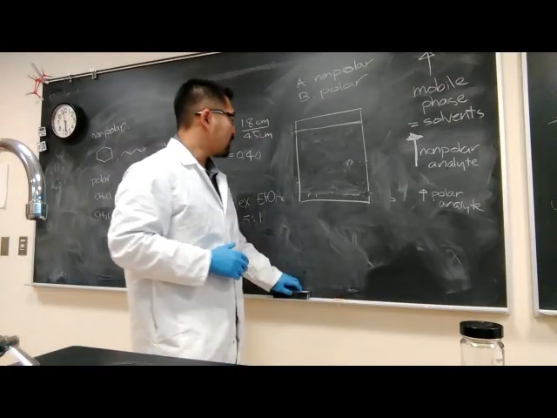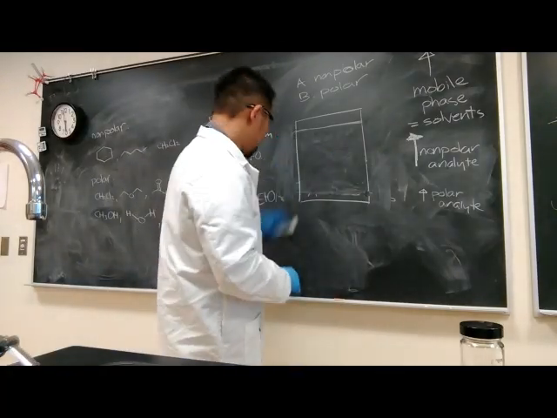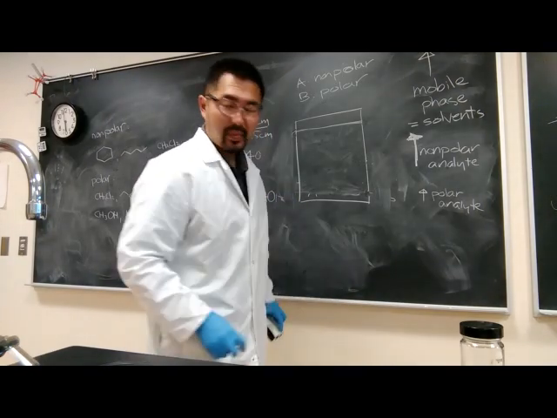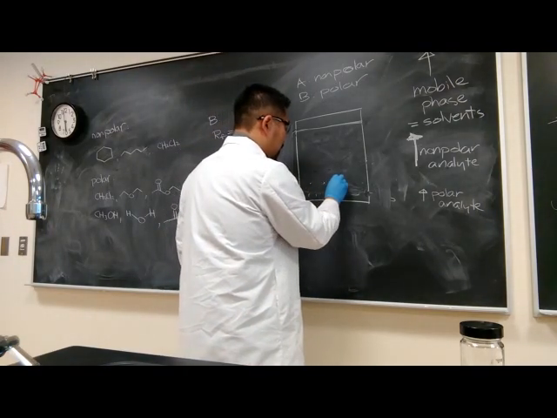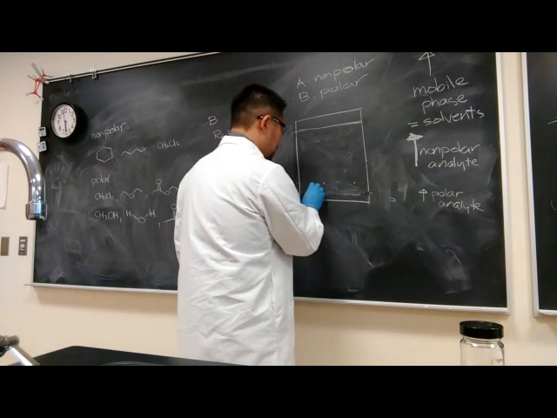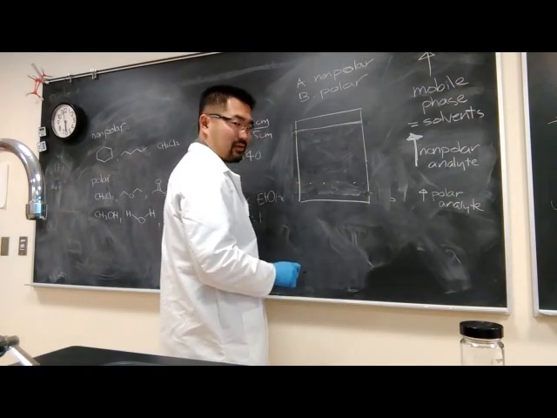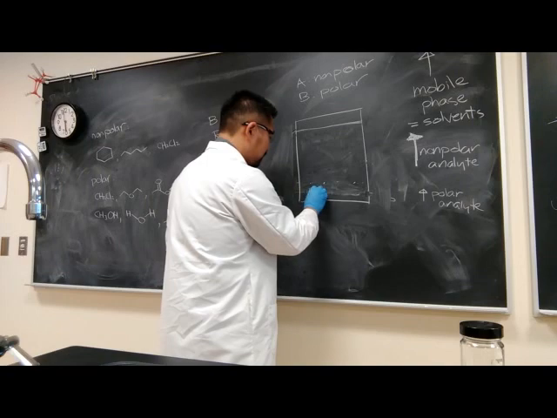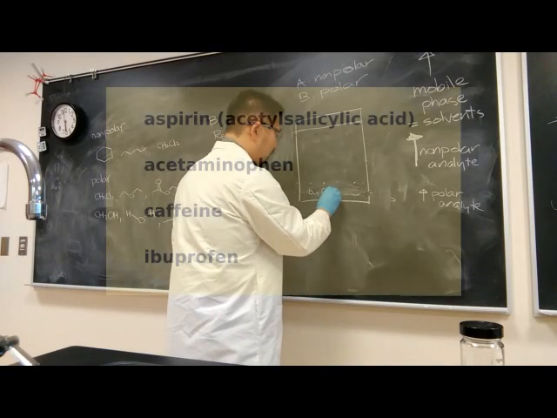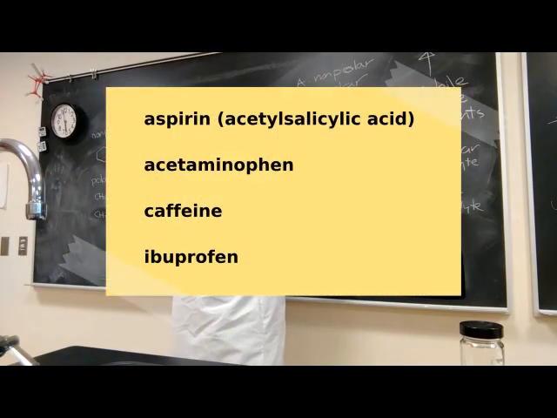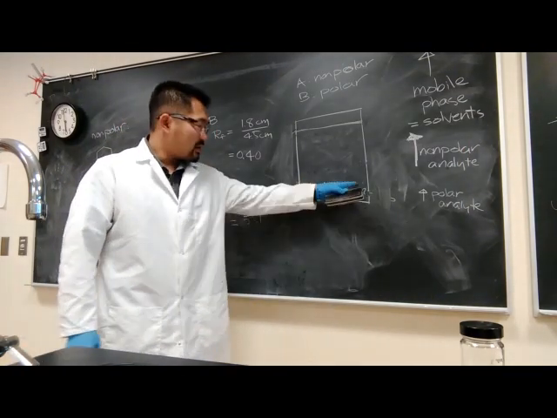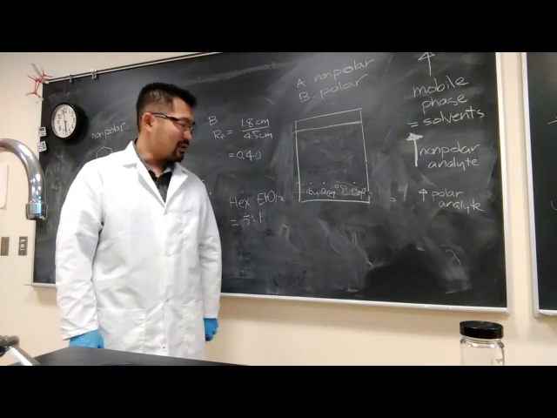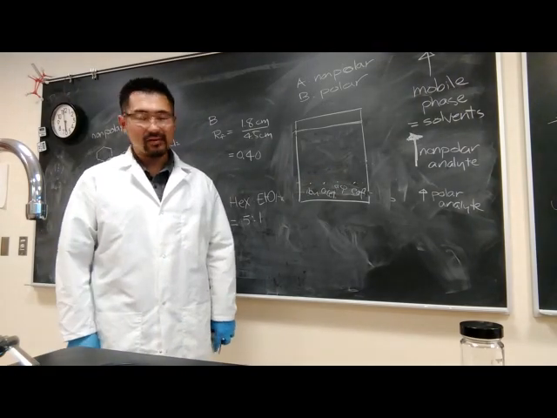Now, when you're picking your mobile phase, it may be easier if you first just try spotting just the known standards like ibuprofen, acetaminophen, aspirin, caffeine, and so forth. And make sure to label the origin points or the dots for spotting of your sample solutions.